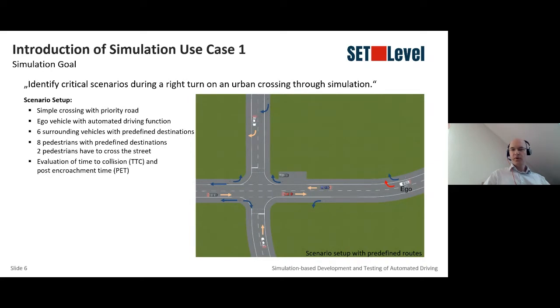The ego vehicle also must pass this pedestrian crossing after the right turn and then must react to these pedestrians if necessary. For evaluation, we use the time to collision, which is calculated during the simulation, and the post-encroachment time, which is calculated after the simulation in the post-processing.